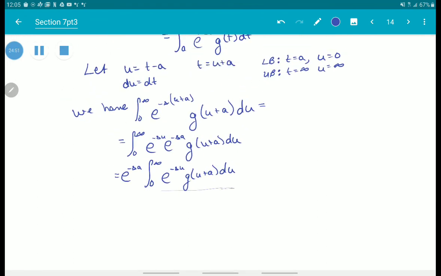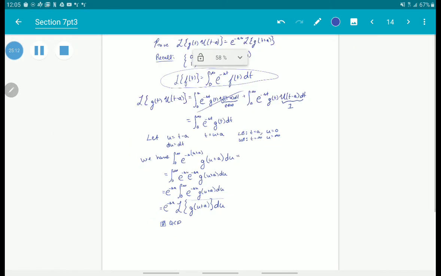And notice it matches this guy. So then that's just the Laplace of that function, g of u plus a du. So, there's our proof of the alternate form of the second translation theorem.